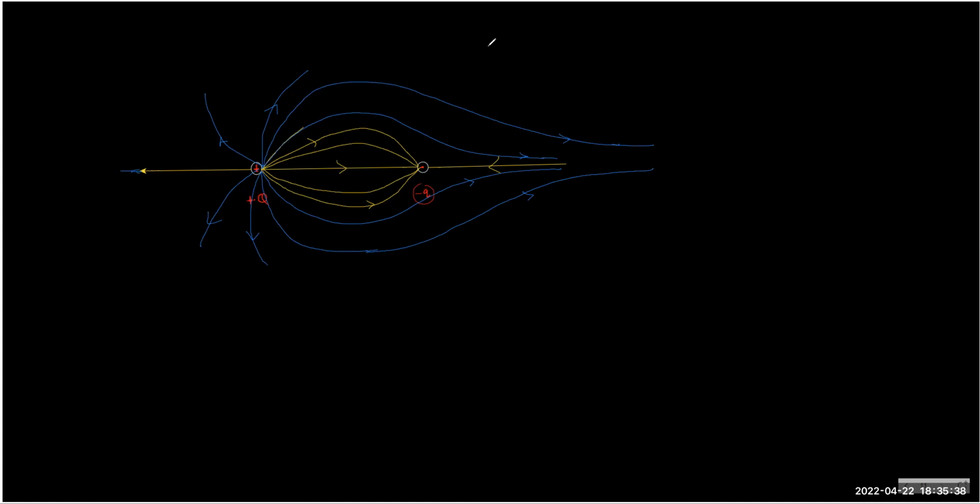So can you count the plus and minus? How many are coming out of the plus? Just count. Sir, for plus, it's 1, 2, 3, 4, 5, 6, 7, 8, 9, 10, 11, 12, 13, 14. So 14. The plus q is leaving some, and minus q is terminating. How many are terminating here? Can you count? 6, sir.